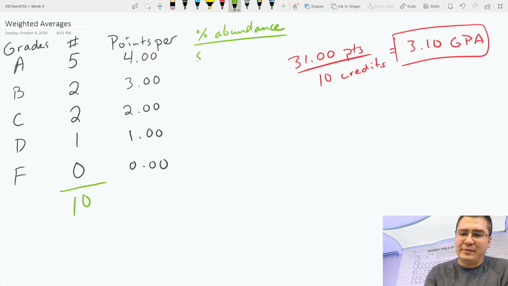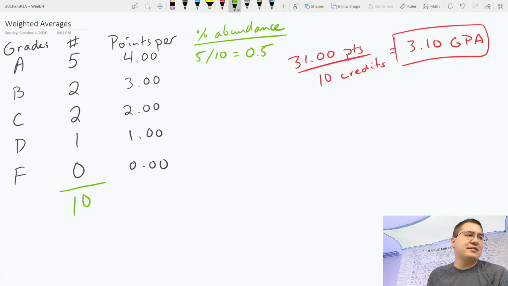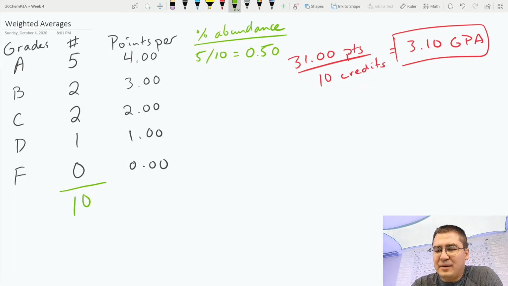That would be 5 out of 10, or 50%, or written as a decimal, 0.5. I'm just going to keep two significant digits here. I know it's actually infinite, because you got exactly 5 A's out of 10, but we're going to do GPA down to the hundredths. That's how we're dealing with our precision.